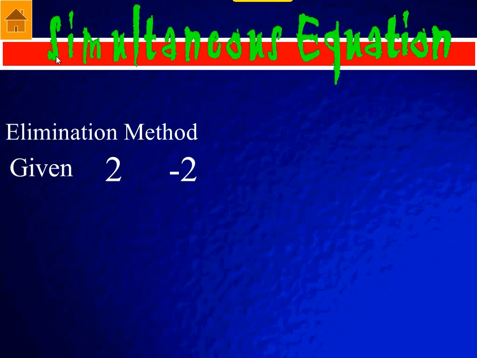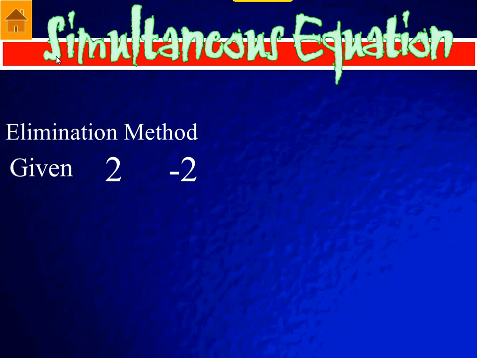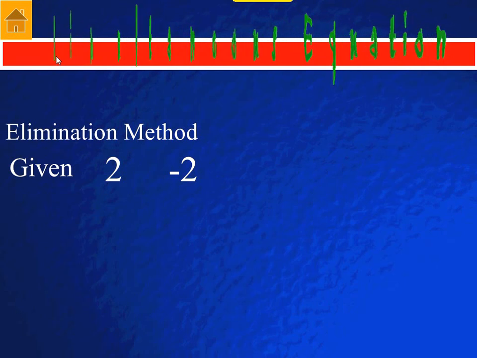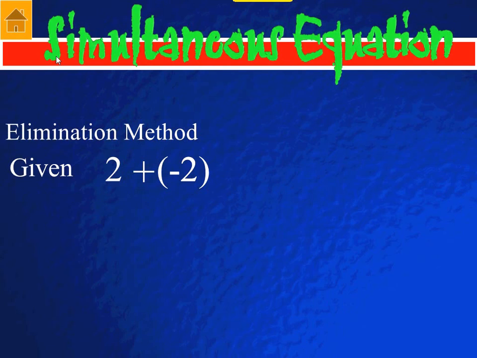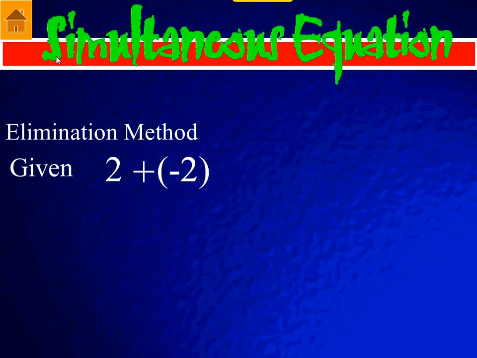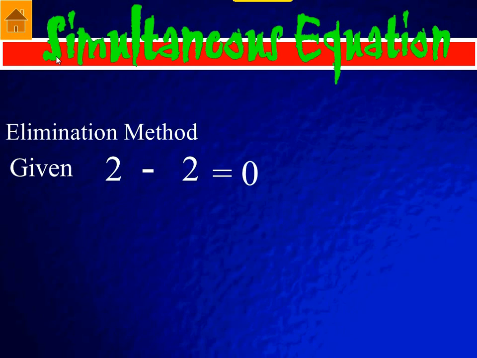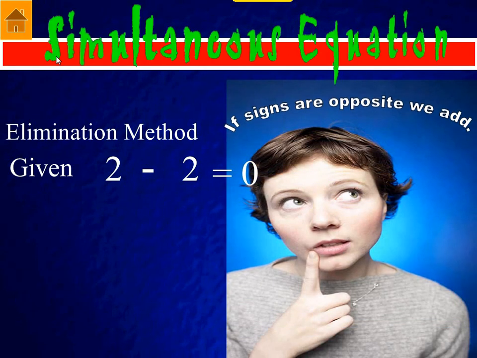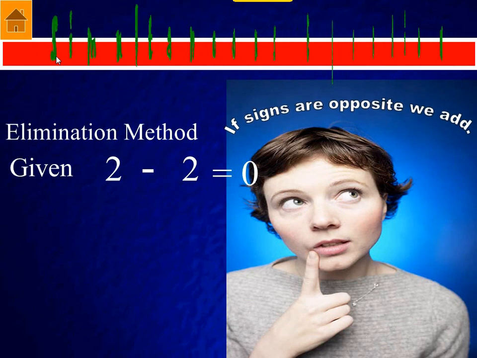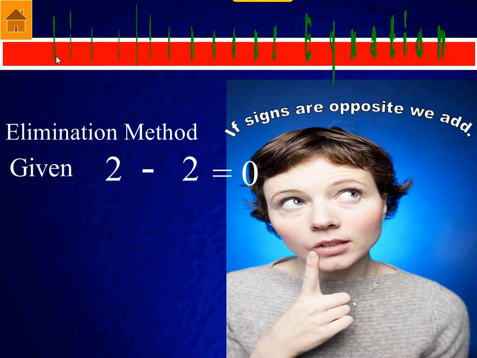Well, if the signs are different, we need to introduce addition. So if we have 2, we add the 2 to the negative 2. That gives us 2 minus 2 overall, which equals 0. So this is telling us that if signs are opposite, or different, then we add.